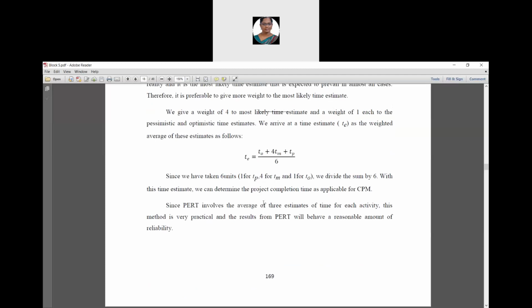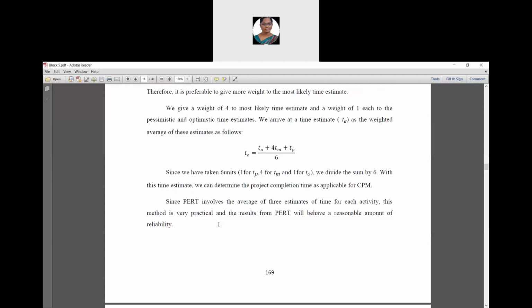With this time estimate, we can determine the project completion time as applicable for CPM, that is, the critical path method. Since PERT involves the average of 3 estimates of time for each activity, this method is very practical and the results from PERT will have a reasonable amount of reliability.